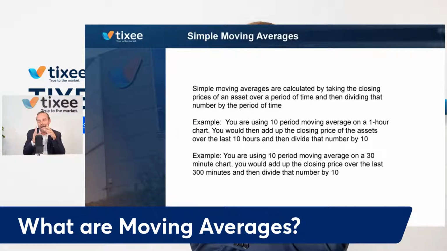You would add up the closing price over the last 10 hours, for example, and then divide that number by 10. I'll give you another example, again using a 10-period moving average over a 30-minute chart. You would add up the closing price over the last 300 minutes and then divide that again by 10.